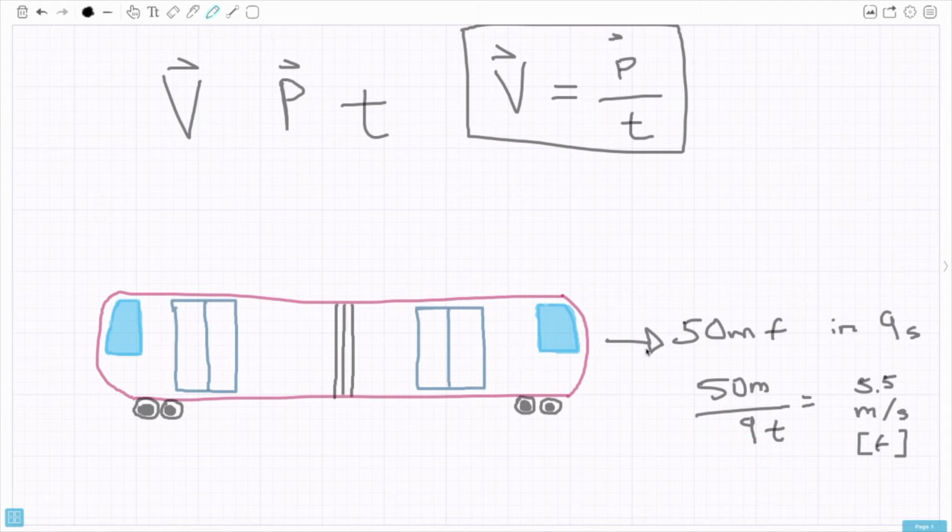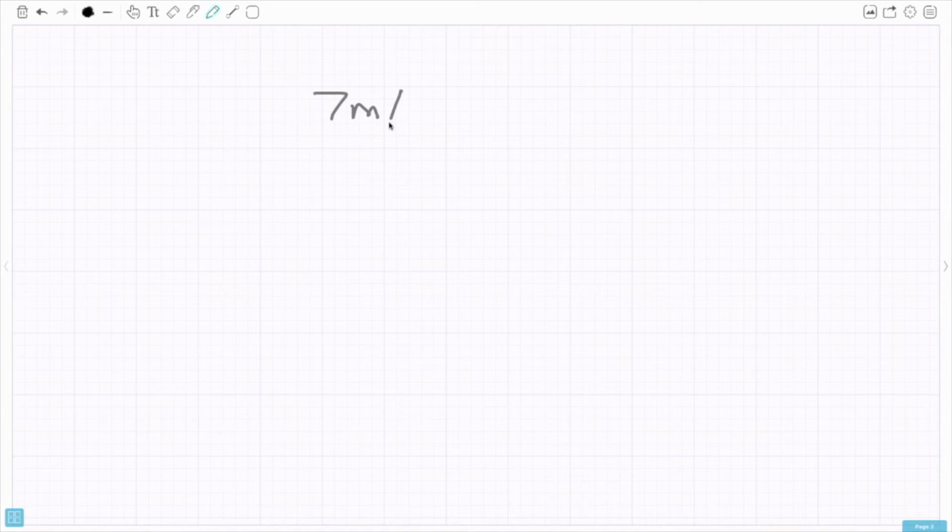Now after it goes for a little while, it's going to stop and pick up some passengers. That would take like 5 seconds for our imaginary train. Then it keeps on moving, but this time it moves faster, 7 meters per second forward for 3 seconds. This time, however, we're trying to find the position. So taking the formula I gave you in the beginning, we're going to modify it a little bit.